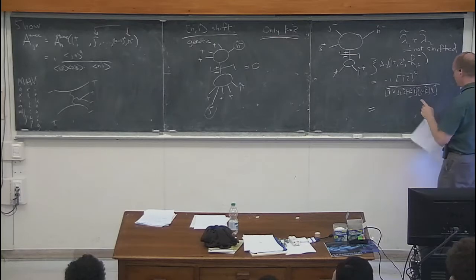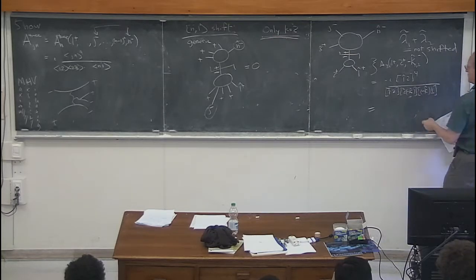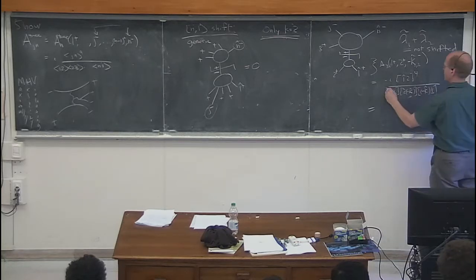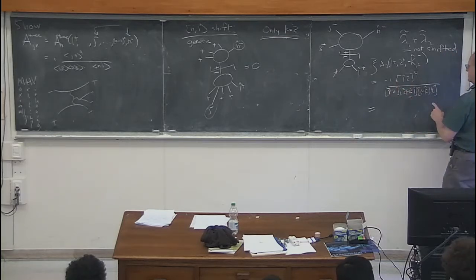And that means that this k hat can just be replaced by either 1 or 2. Also, this one hat we can take the hat off because it's not shifted.